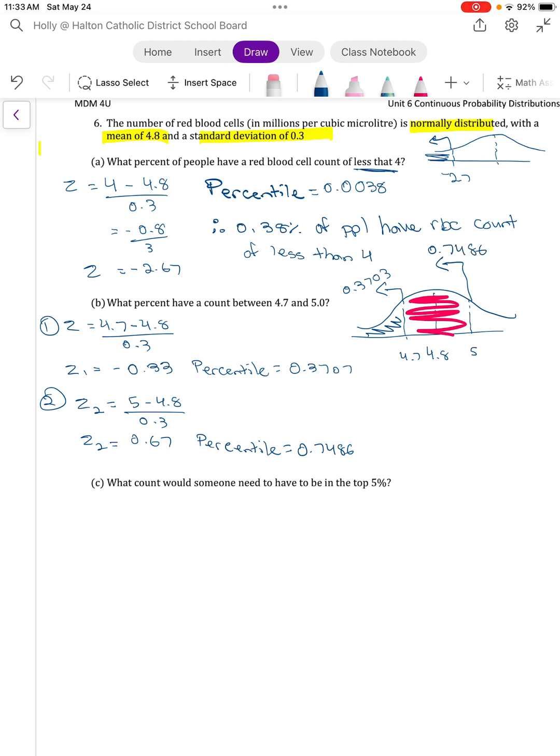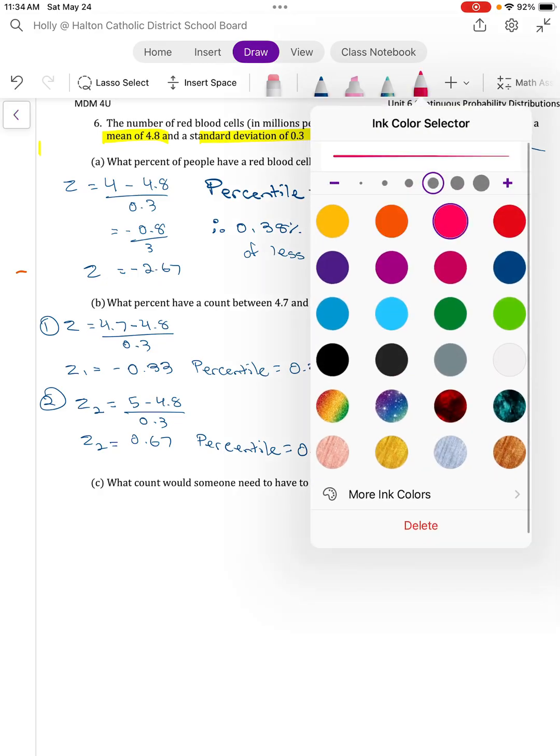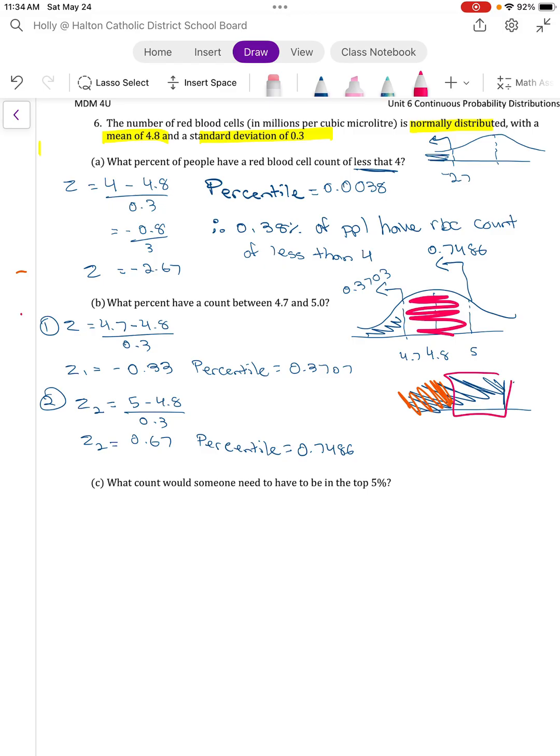So if I have this area and I subtract this area, it's going to give me this middle part, what's left. Okay, so if I have all that blue, I know it's a whole lot of scribbling, but trying to visualize the colors there, all that blue minus that orange will give me this pink.